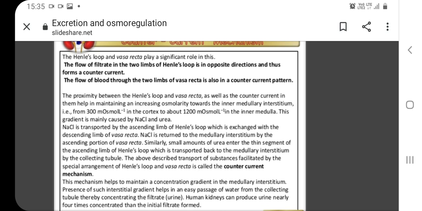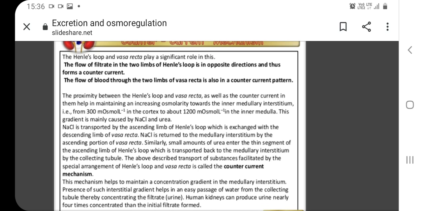Similarly, a small amount of urea enters the thin segment of the ascending limb of Henle's loop, which is transported back to the medullary interstitium by the collecting tubule.